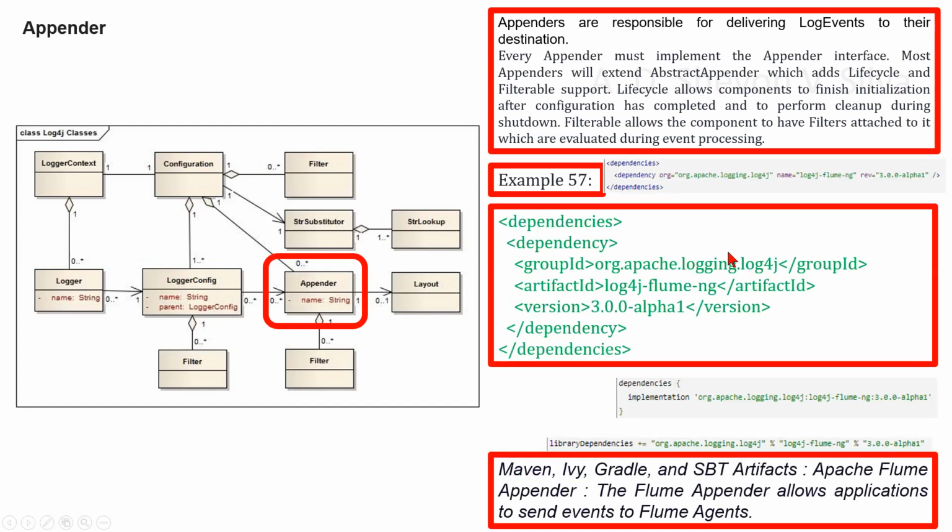Now we are considering the Apache Flume Appender in Maven, Ivy, Gradle, and SBT artifacts. The Flume Appender allows applications to send events to Flume agents.